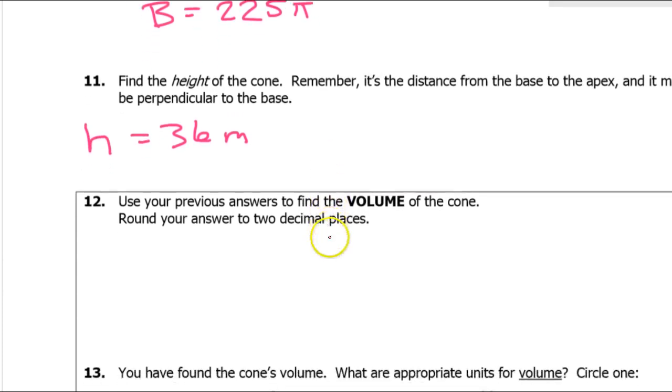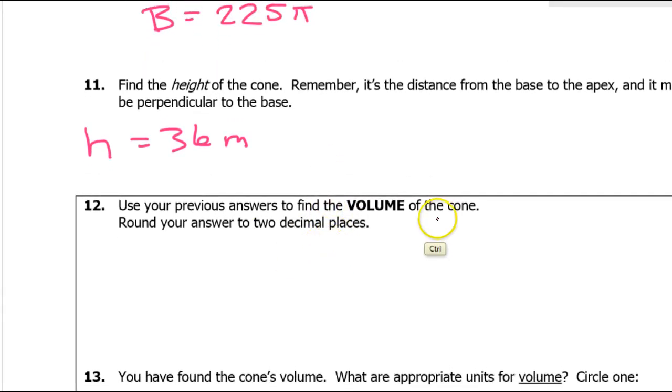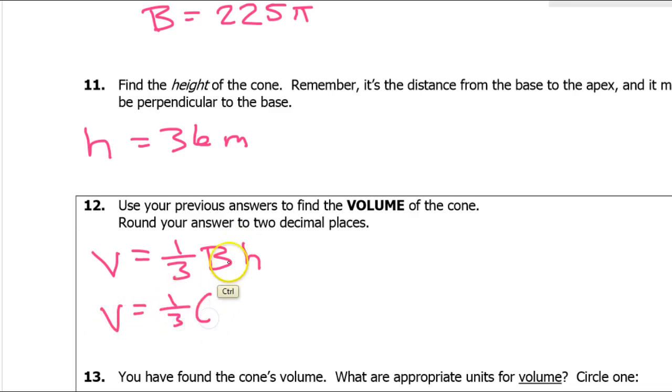Okay, so we need to find the volume of this cone. Here's the formula. The volume of a cone is 1/3 the area of the base times the height. So this is going to be 1/3 times the area of the base, which was 225 pi, times the height, which is 36.